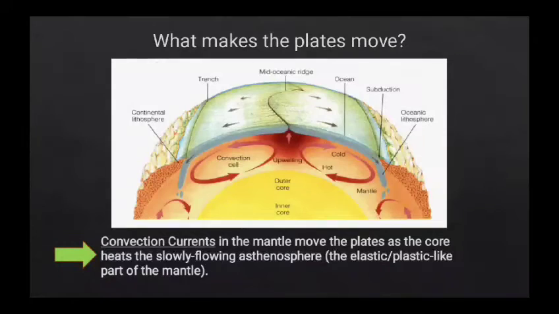Sa convection cell, kapag yung hot and cold nagko-convect, it results in plates moving. So, dito makikita natin sa mantle part, kaya nagkakaroon ng paggalaw ng mga plates dahil sa tinatawag na convection currents.